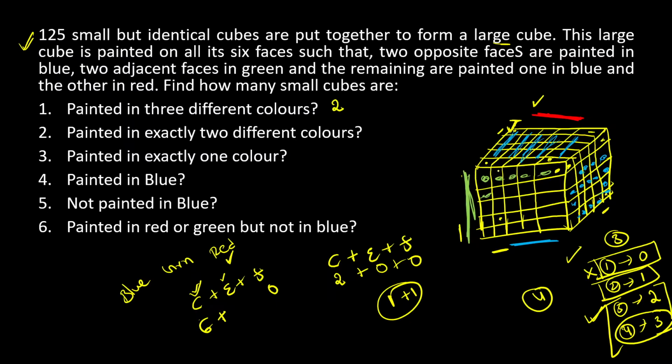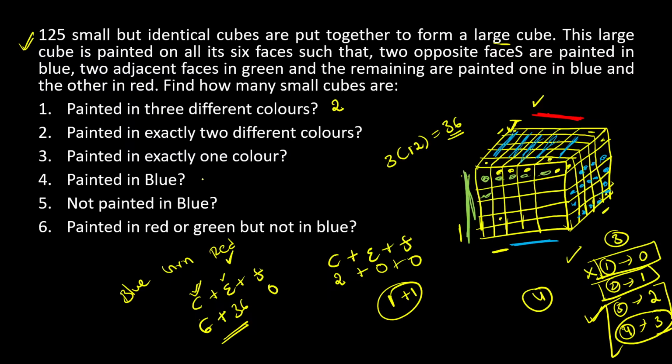On any given edge, you will find three cubes, as I am least bothered about the corner cubes. Three cubes on each edge, and you will find 12 such edges, so the maximum possible answer is 36. So I am sure my answer should not exceed 36. I have considered each and every cube put on the edge.